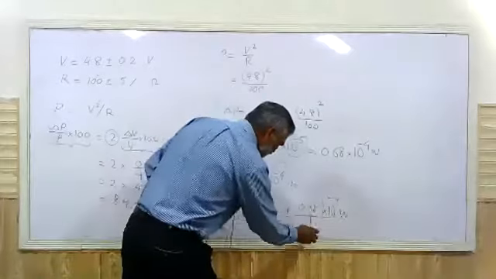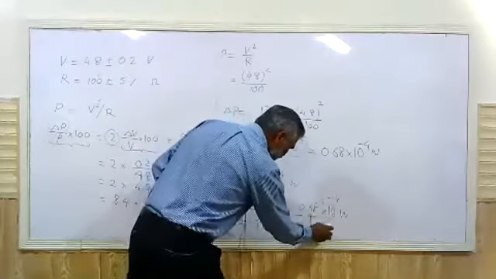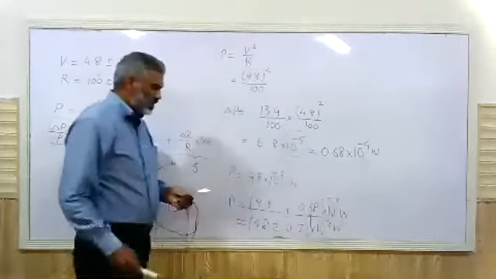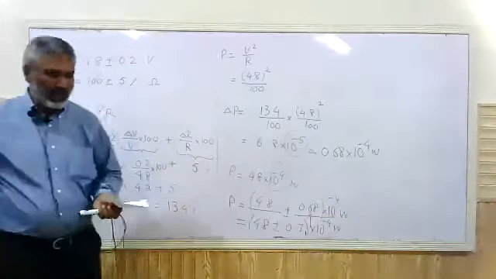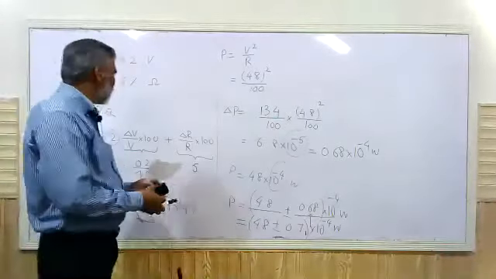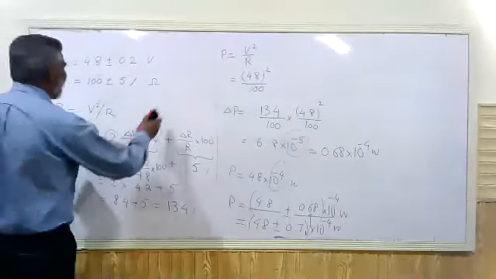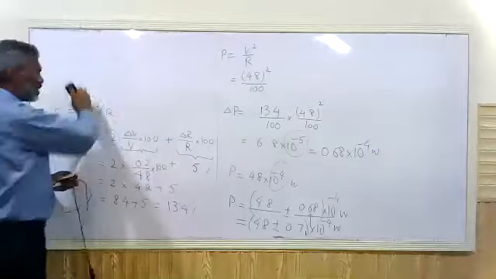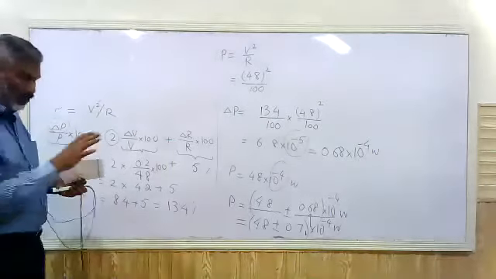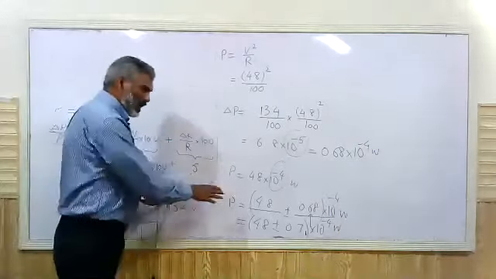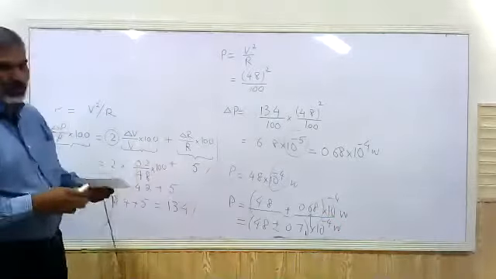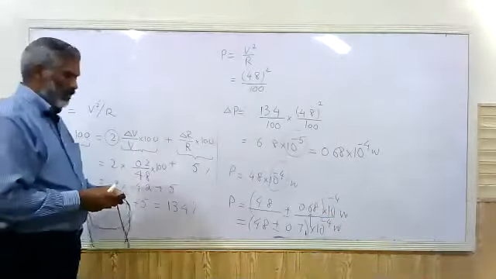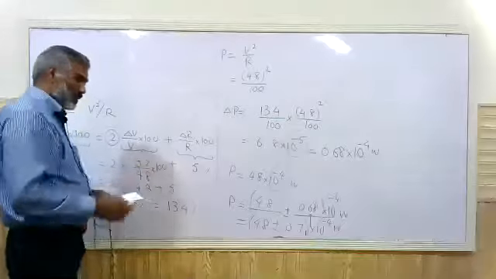And this 10 to the power minus 4 will be written as it is. So this is how you write your final answer. Let me write this clearly here. I repeat that I'm assuming these are the answers to P and delta P. The answers could be different, but I'm just elaborating on the rules that you need to consider here.